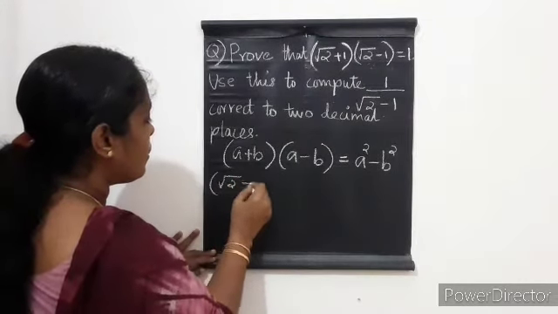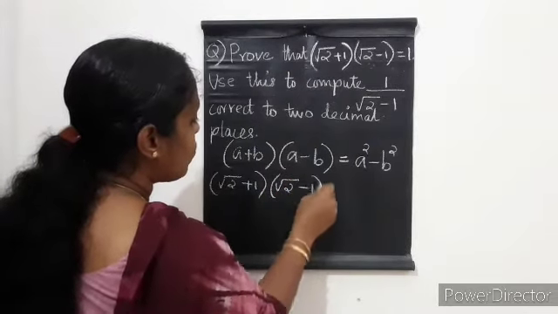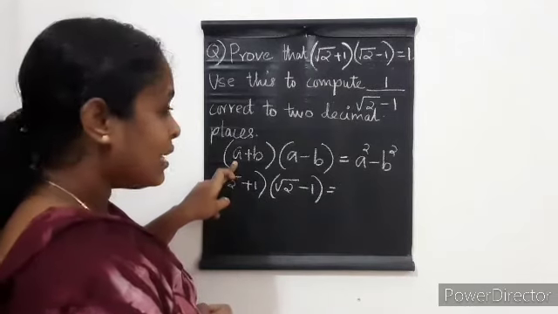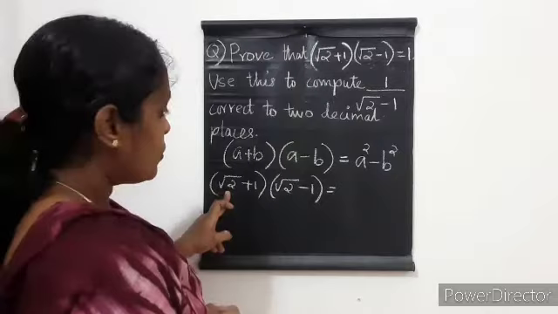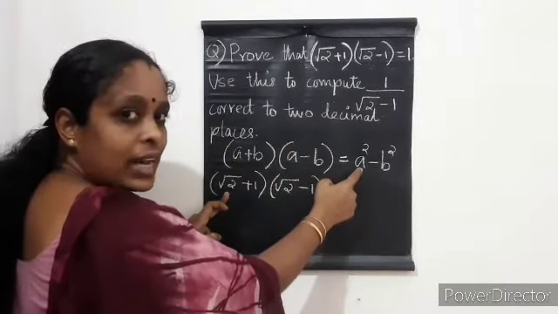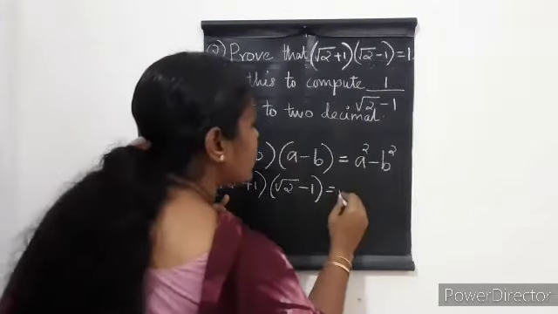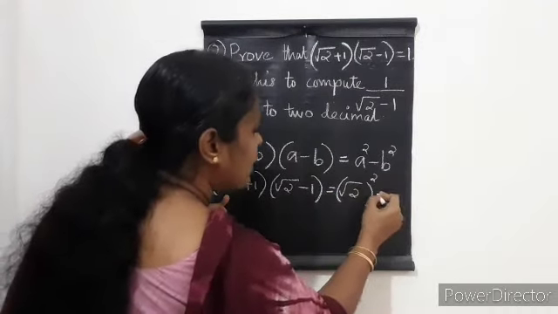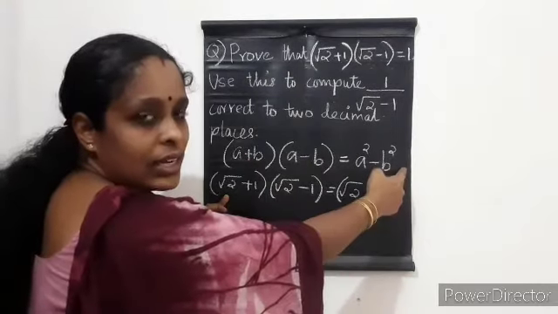So what we write? Root 2 plus 1 into root 2 minus 1 is equal to, here instead of a, it is root 2. If it is a, we write a square. If it is root 2, we write root 2 square, minus, here it is b, we write b square.